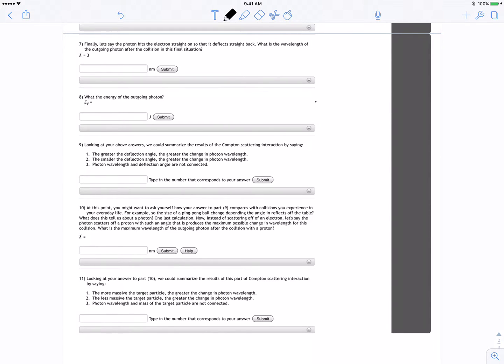So lambda prime is going to be equal to lambda plus 2.4 e to the negative 3 times (1 minus cosine of 180). Cosine of 180 is negative 1, so the term is going to be 2.